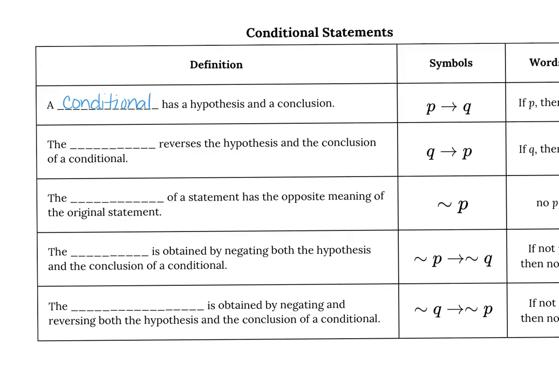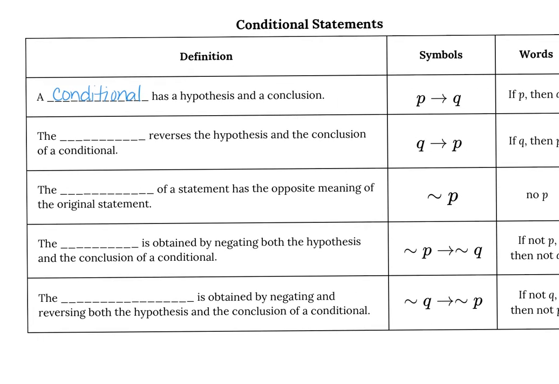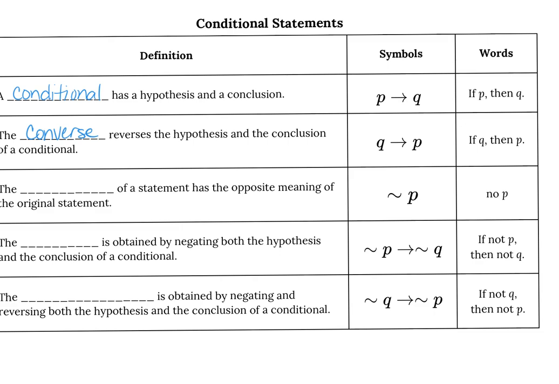So that's the if-then that we've been working with. Next, the converse reverses the hypothesis and the conclusion. So we're flipping them. So instead of being PQ, if P, then Q, we're flipping it, and now we have if Q, then P.